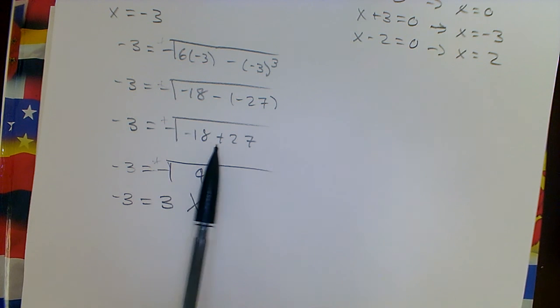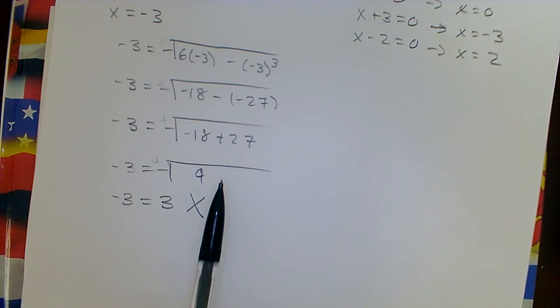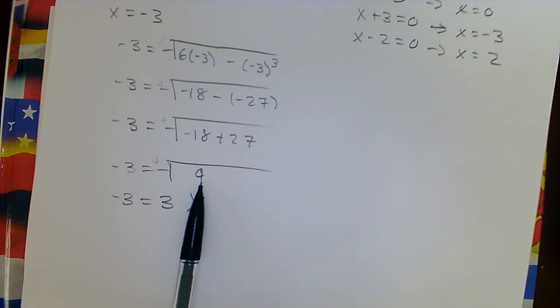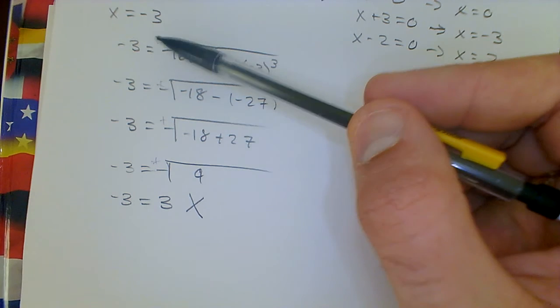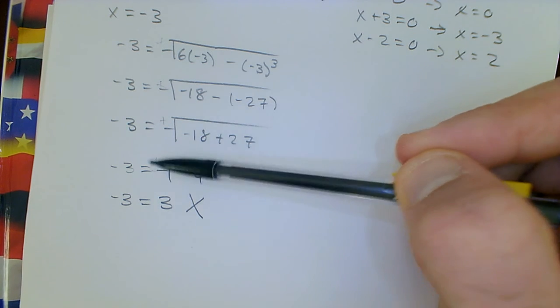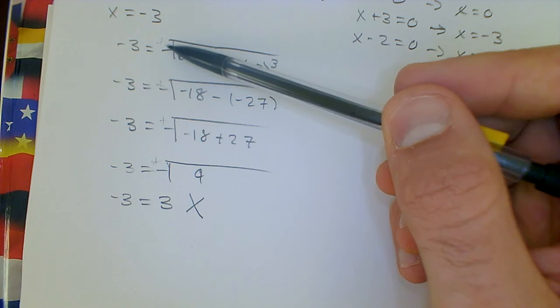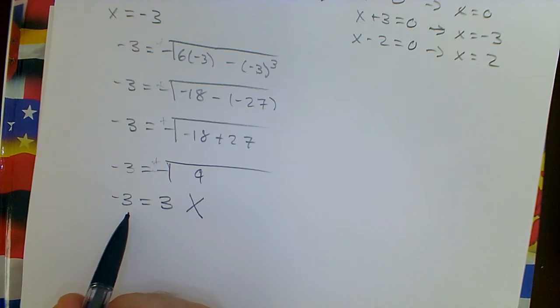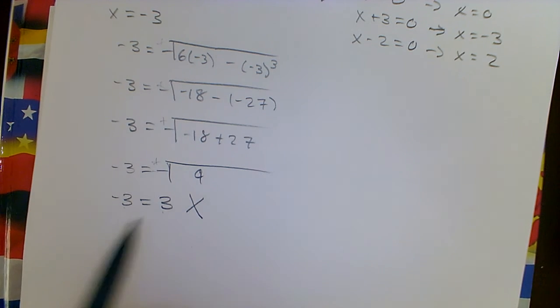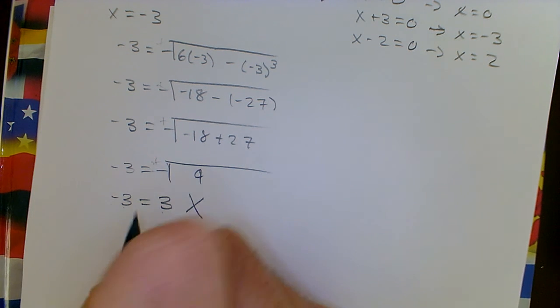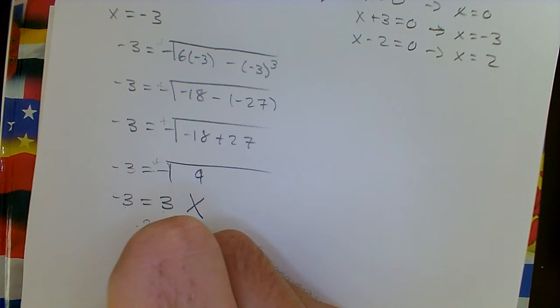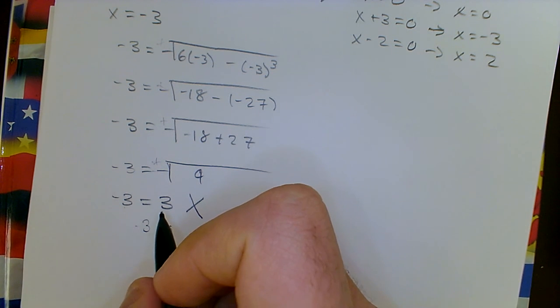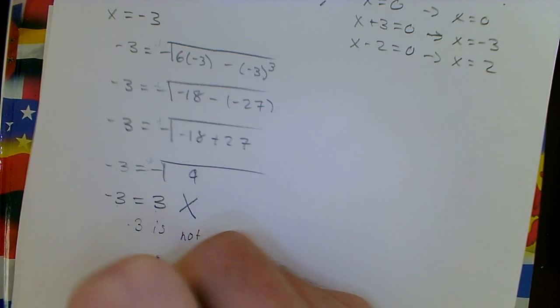Negative 3 is equal to negative 18 plus 27, which is 9. Again, when they don't write plus or minus out front, you're just assuming plus. So this comes down to negative 3 is equal to 3, which is not true. So negative 3 is not a solution.